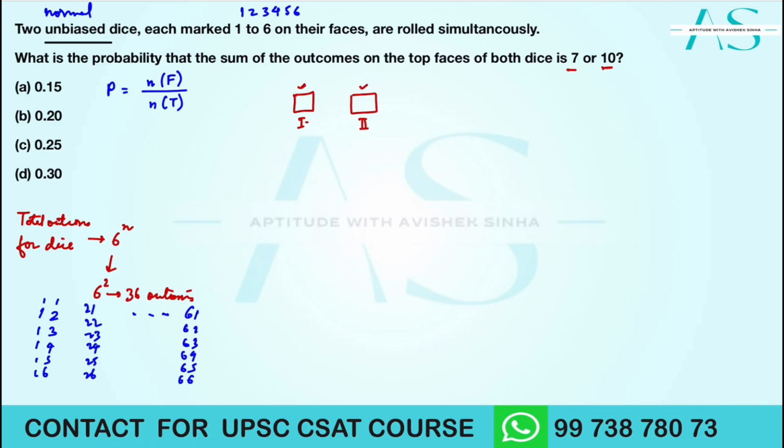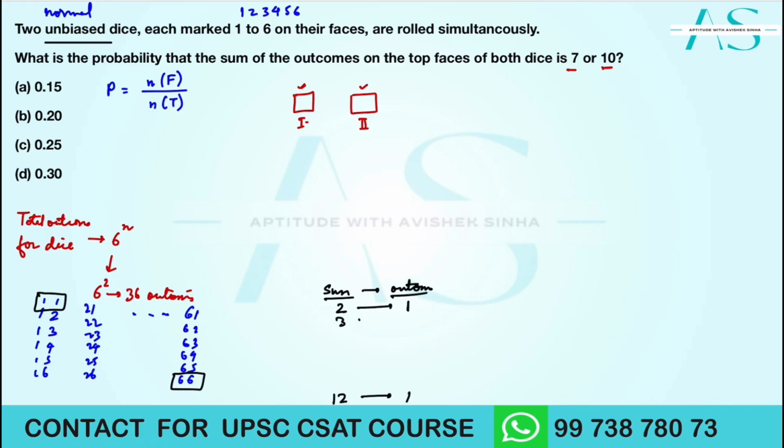जो सम हो सकता है it could be minimum 2, 1 plus 1, and maximum 12. तो we have a chart. If the sum is 2, the number of outcomes would be 1. It is only occurring 1. एक ही बार होगा ना. Similarly 12 भी एक ही बार होगा.